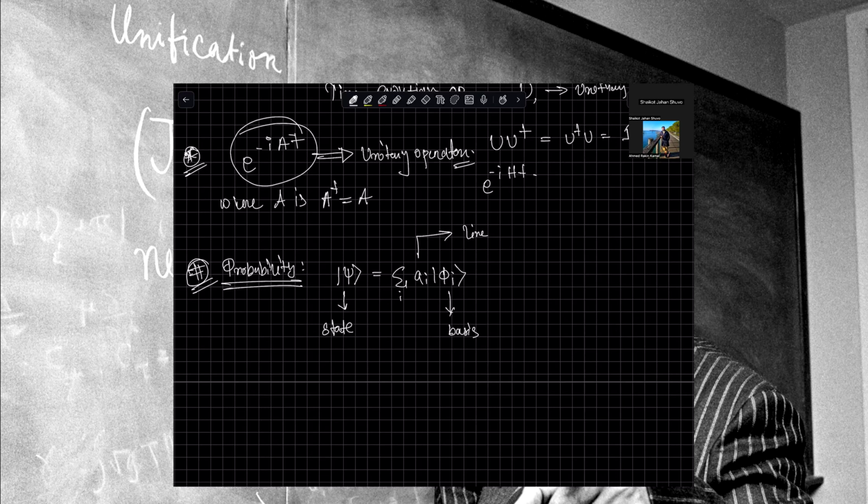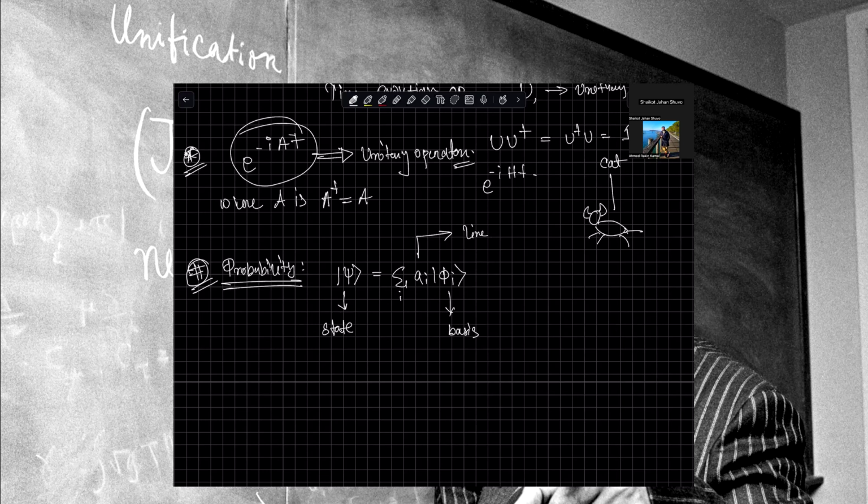So what does this mean? Well, it means you have a cat. I don't know how to draw a cat, but I guess, yeah, this is a cat.